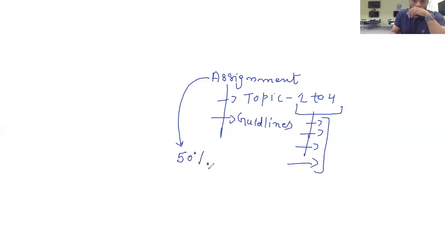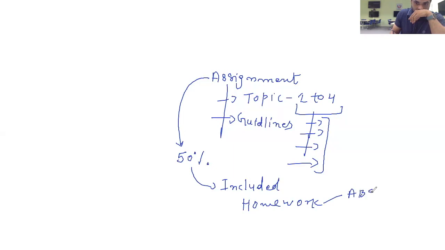The 50% also includes your homework, the homework that you already submitted, about ABC and traditional.